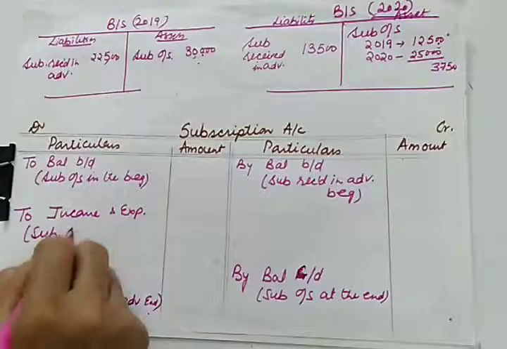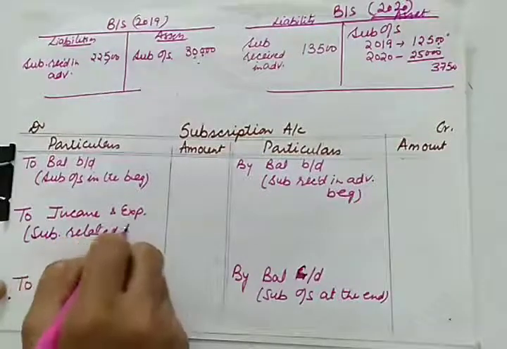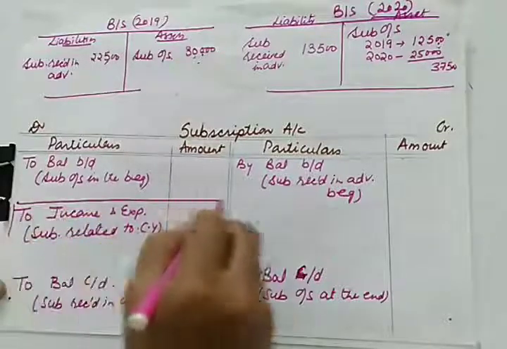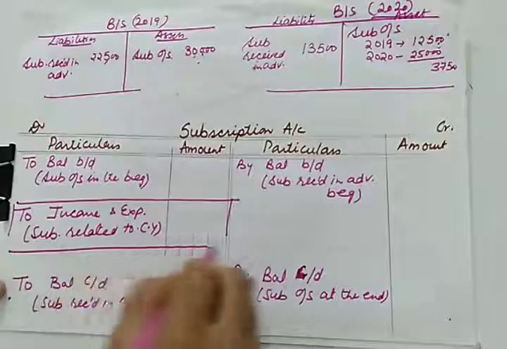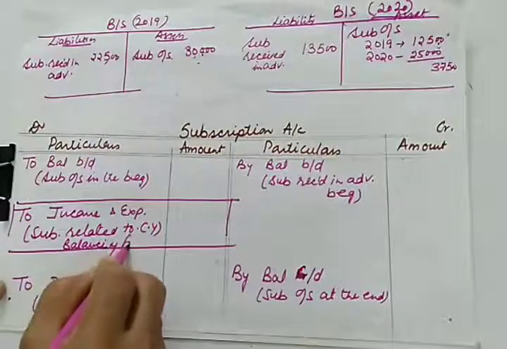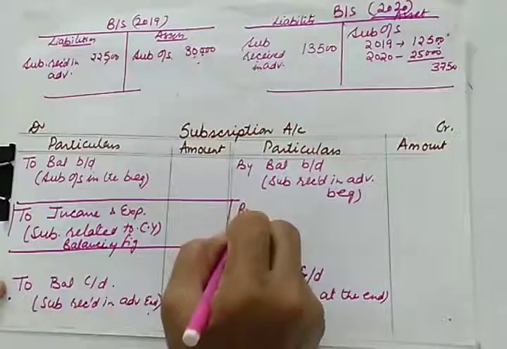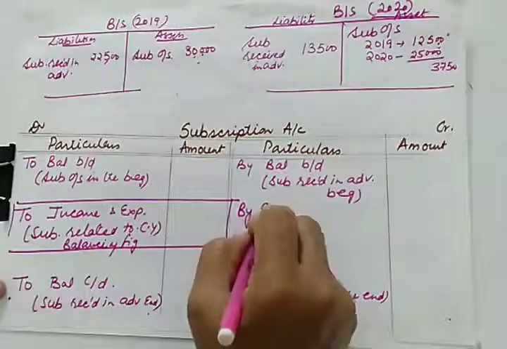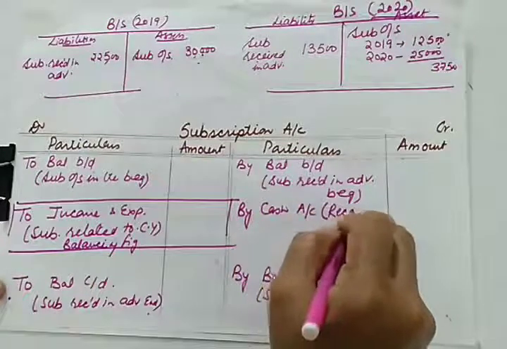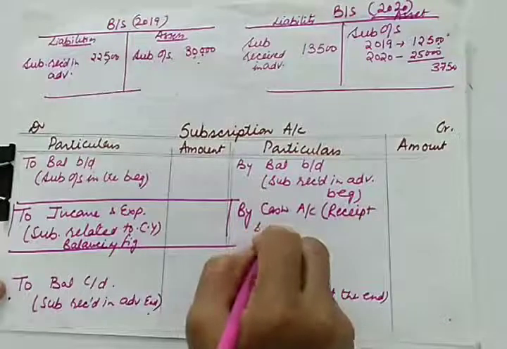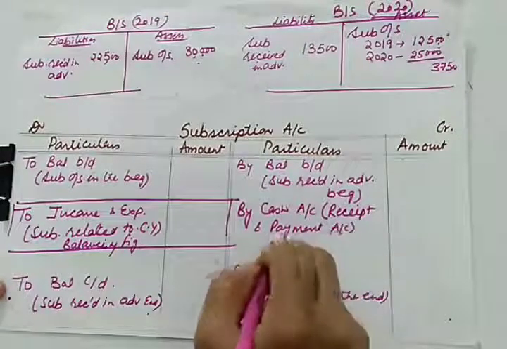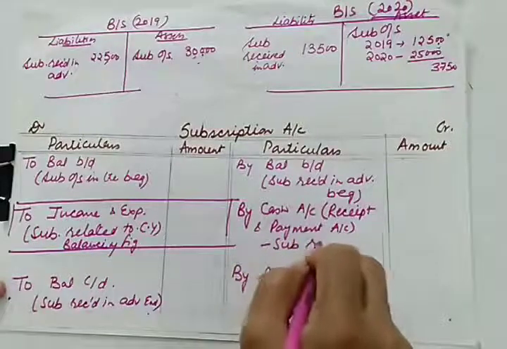and here to income and expenditure, this will be our balancing figure. Subscription related to current year, this is the missing figure, or you can call it as balancing figure, and here we'll be writing by cash or by bank. This is as per receipt and payment account and here we'll be writing subscription received during the year.